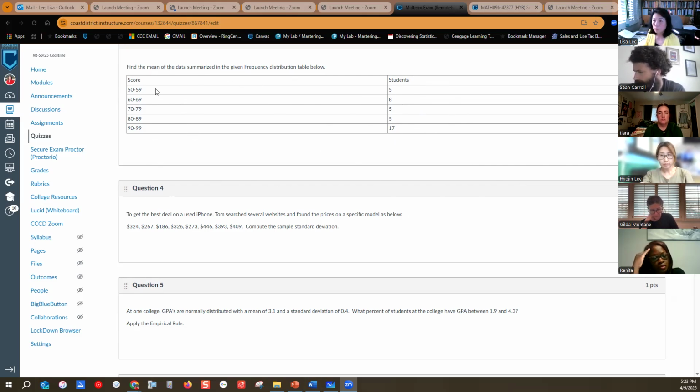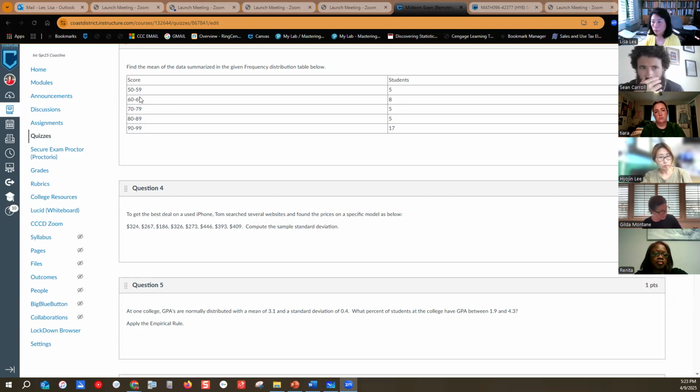Since our frequency table is given in ranges of the score, it did not give us the detail for each student, what their exact score is. So for this kind of distribution of data, you need to take 50 plus 59, add up, divide by 2, right? Take the average of each range, each class we have here. Like for 50 to 59, when you take 50 plus 59 divided by 2, it's 54.5.